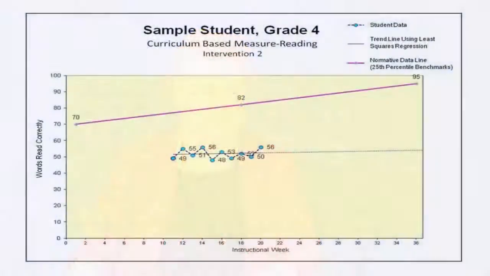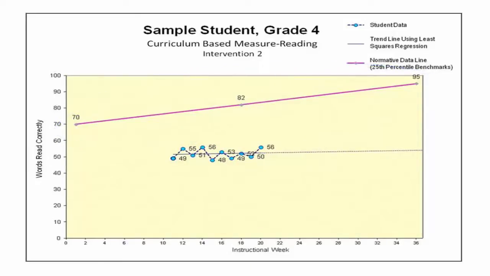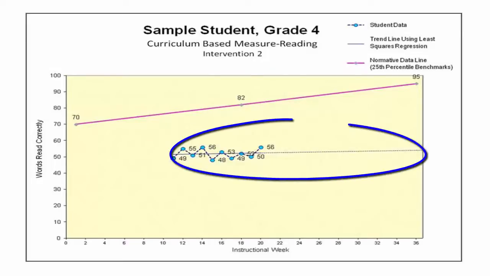Here's a sample graph which demonstrates probe scores from curriculum-based measure for reading. The top red line demonstrates the expected growth of same grade peers at the lower ends of typical progress. The blue dots represent the probe data. The dotted line going through the blue dots represents the student's trend line.